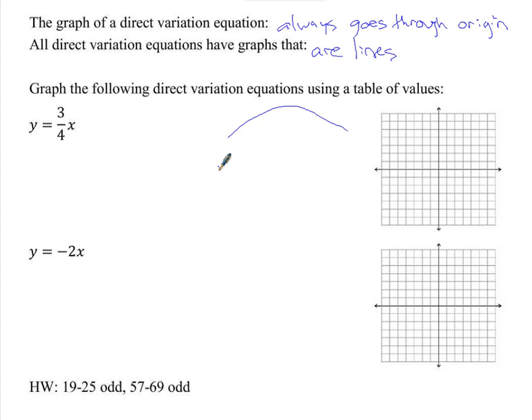Are there any lines that are not straight? What is the definition of a line? It's straight. If it's not straight, then it's not a line.